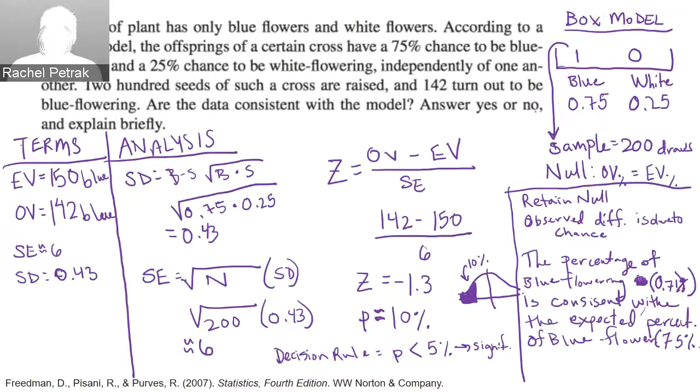Comma, remember to report your z statistic. It's negative 1.3, and p is equal to 10%.